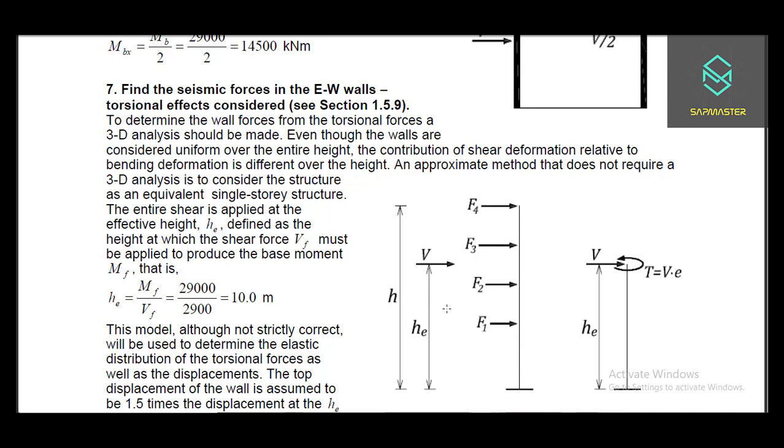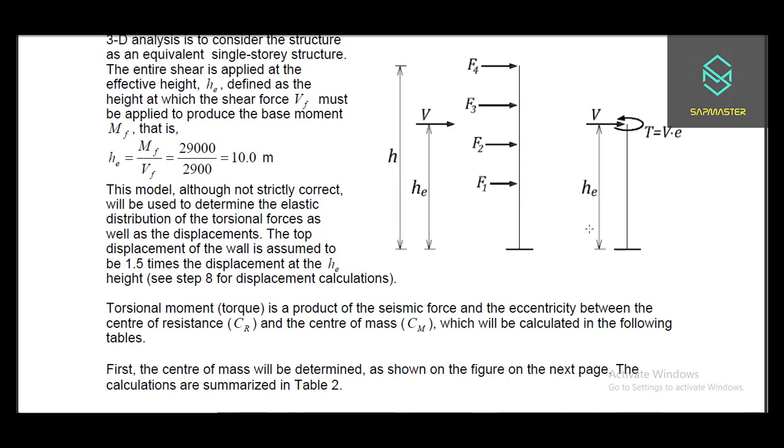The entire shear is applied at the effective height of HE, defined as the height at which the shear force VF must be applied to produce the base moment MF. So the effective height is equal to MF over VF, which is 10 meters, right? So we have it here.